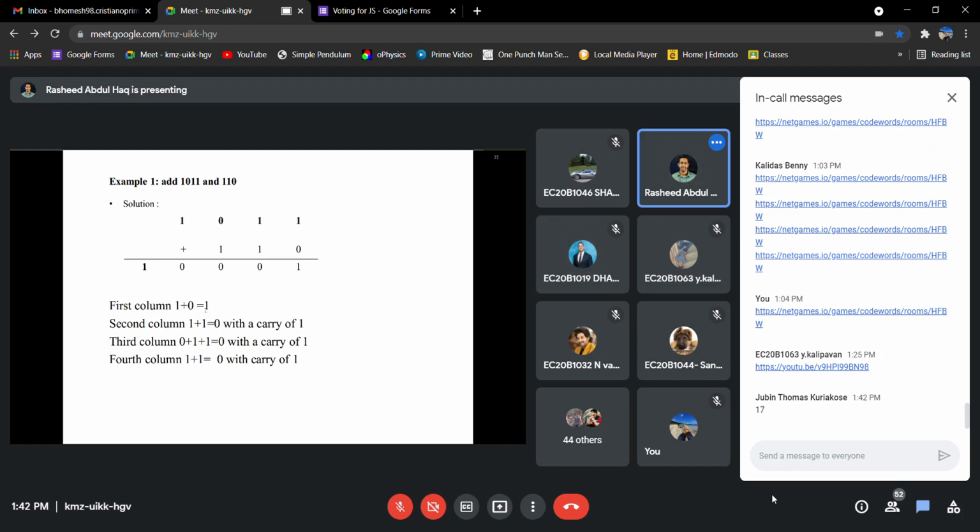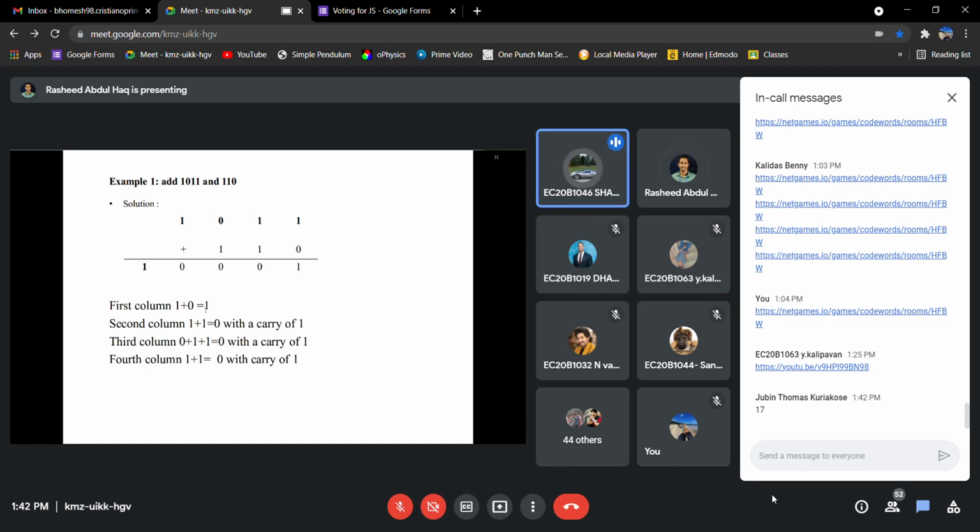Okay. Any doubt in this addition? No, sir. Sir, are the rules the same for the numbers after the point, like when we give binary fractions?